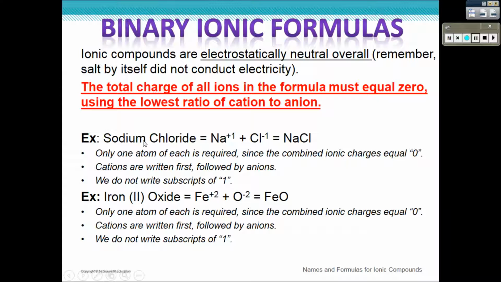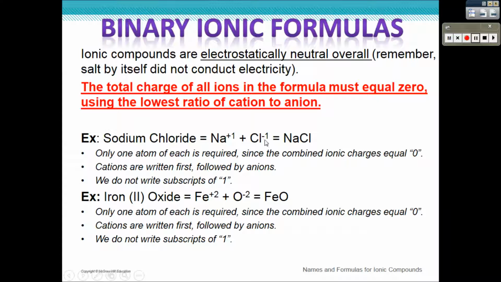We have sodium chloride here. And we want to know, what is the formula for sodium chloride? Well, most people know already it's NaCl. But do you know why? Why is it not Na2Cl or NaCl3? That's because we first of all want to have all the charges equal up. So you write down the formula for the sodium ion and the chloride anion. Sodium is Na+1.